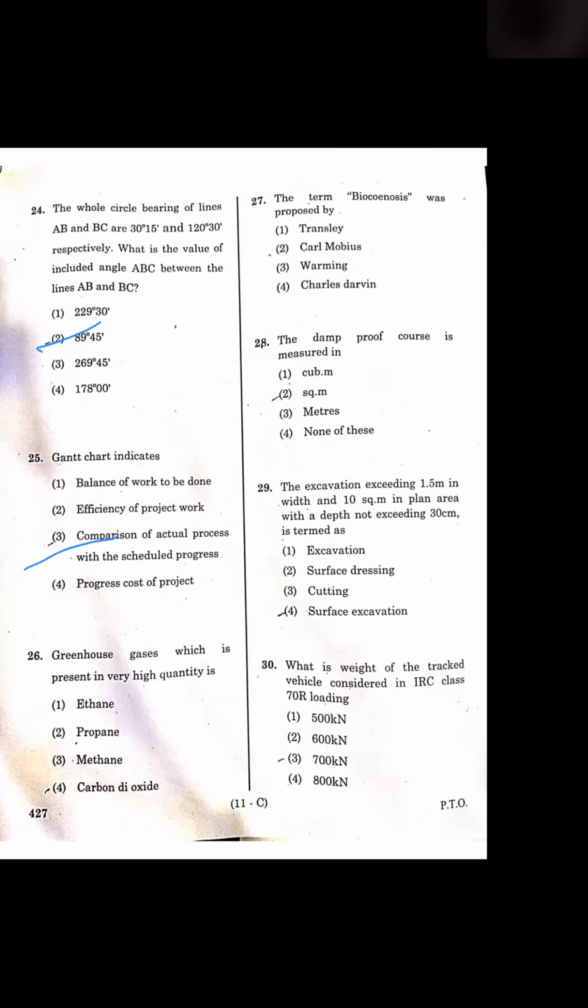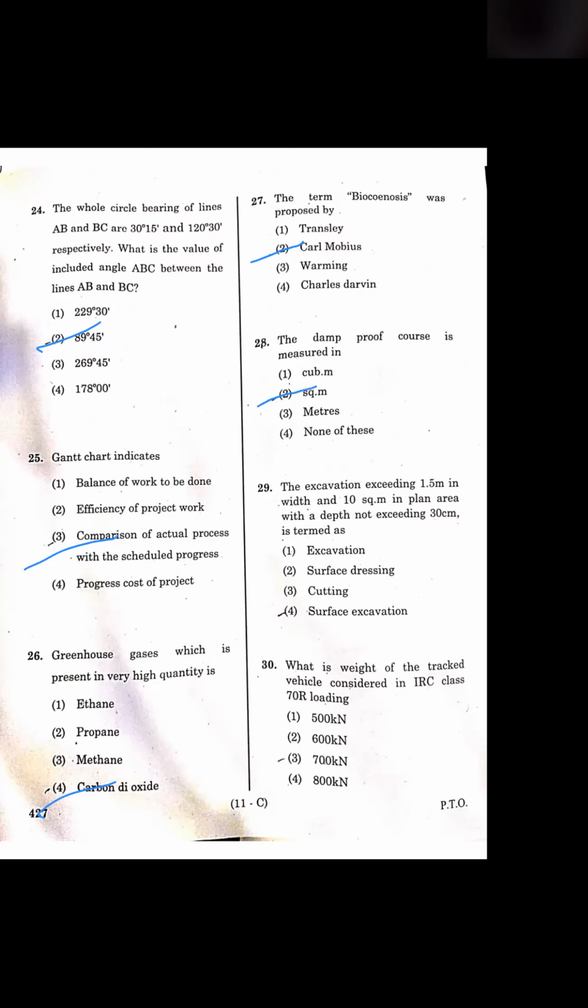Greenhouse gas, which is present in very high quantity, is carbon dioxide. The term biocoenosis was proposed by Karl Möbius. The damp proof course is measured in terms of square meter.